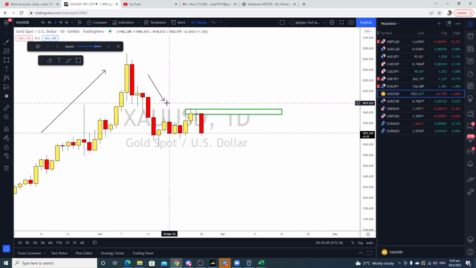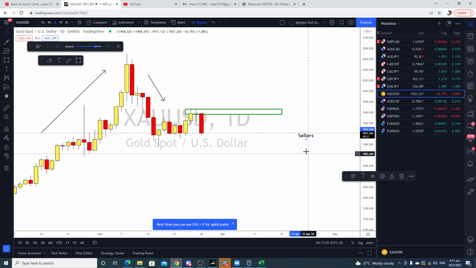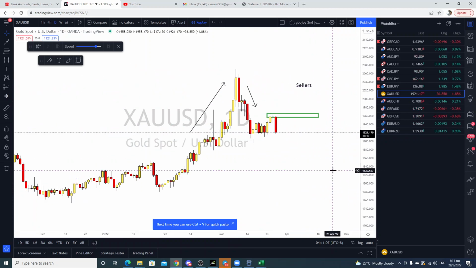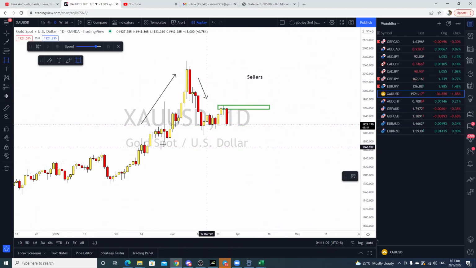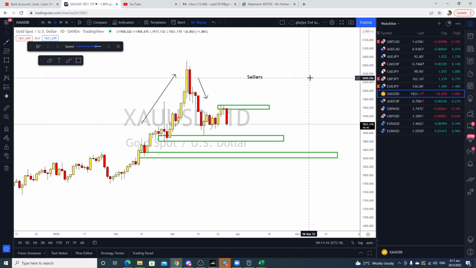So current trend is down, closing prices are lower, momentum for sellers looks strong, and who's in control? Sellers. Look for sell. Where? Probably until here first. Break there, do it here. Okay, so that's for gold.